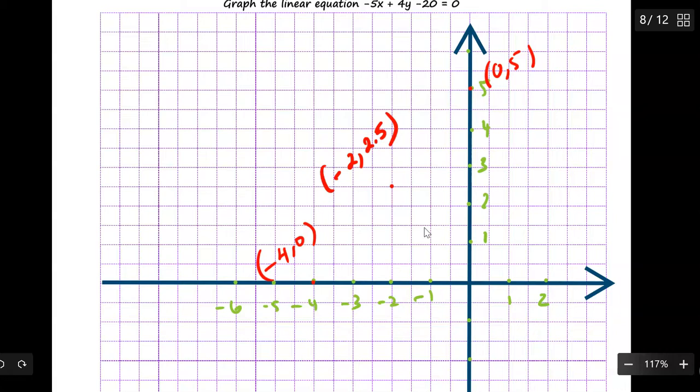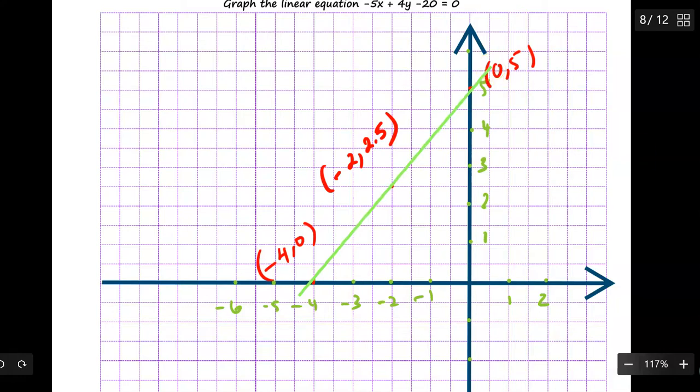Okay, so let's connect these 3 to see if they lie on a straight line. Okay, so right here I'm going to connect it like this, and you see that they form a complete straight line pass through these 3 points right there.